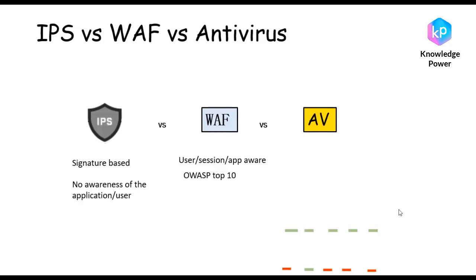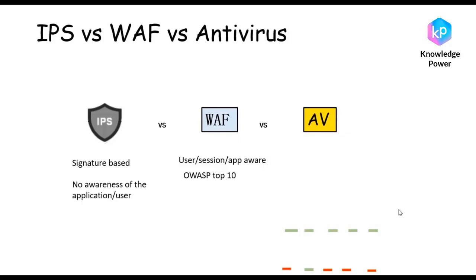I'm not a big expert on web application firewalls, but the difference from IPS is that a web application firewall is application and user or session aware, and it is usually always used to protect against the OWASP top 10, like cross-site scripting and SQL injection attacks.